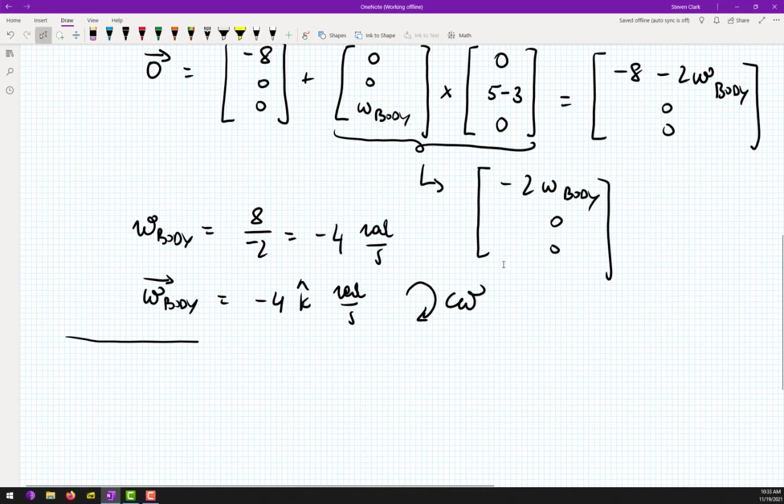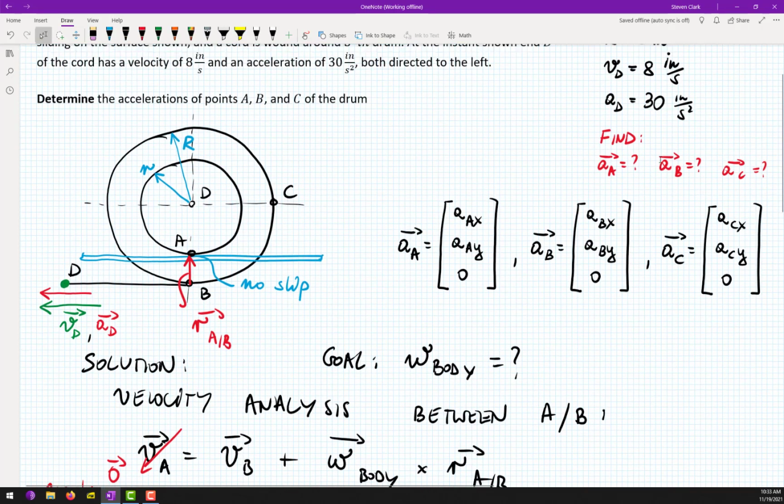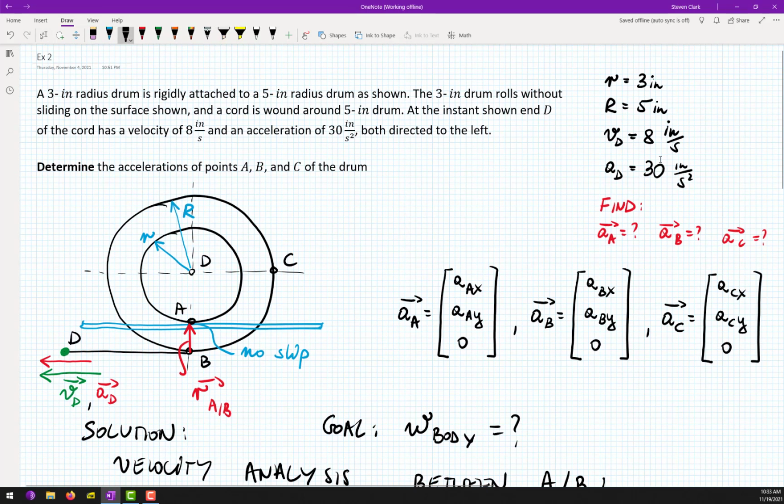Now acceleration analysis. But maybe before writing acceleration analysis, you guys can tell me, because we must actually find these 6 values, this one, and this one.